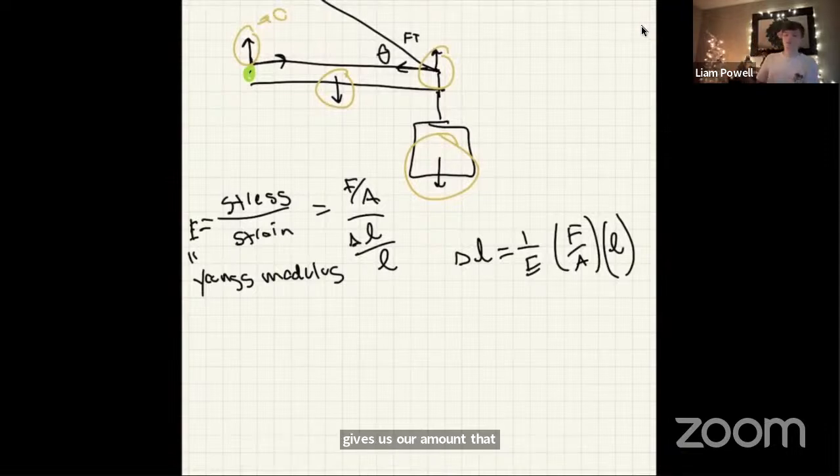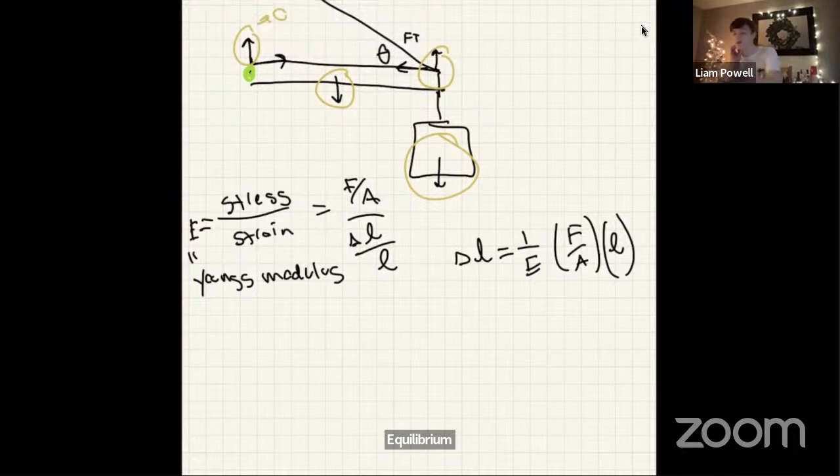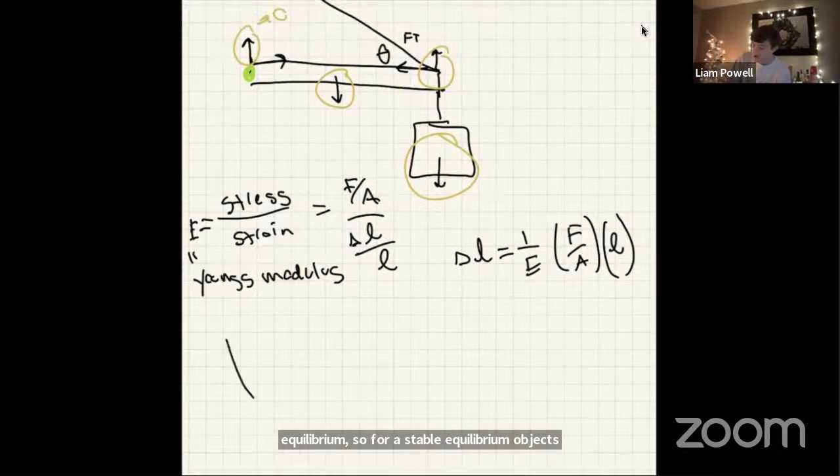We also know that for equilibrium, there exists stable, unstable, and neutral equilibrium. For a stable equilibrium, objects return to their initial position. Like a ball: when it is moved, it would go back.